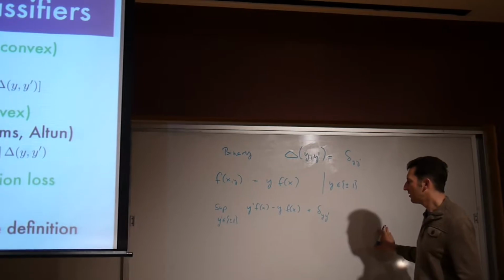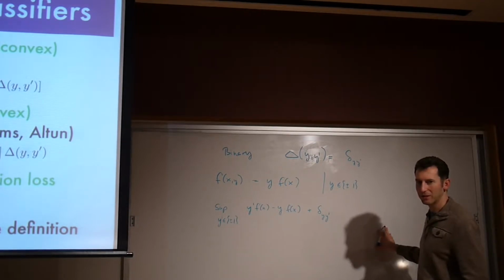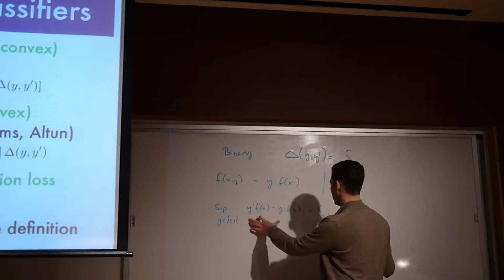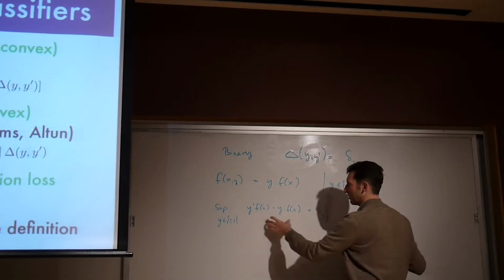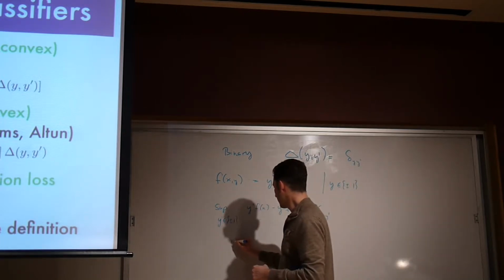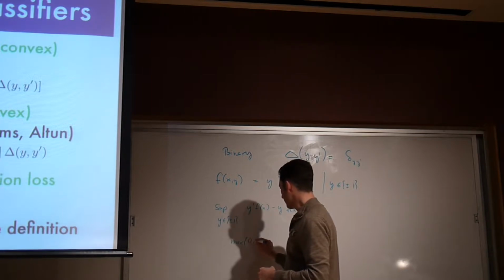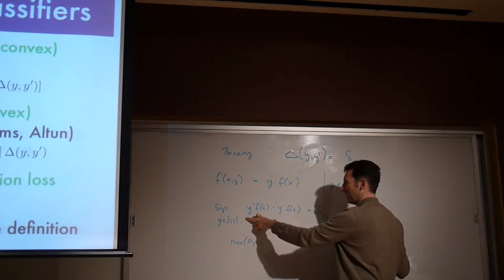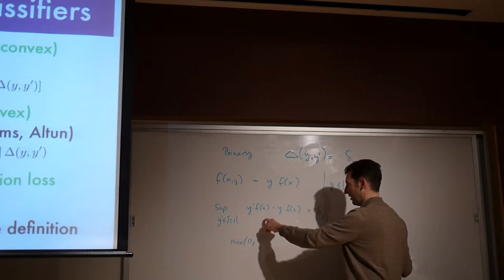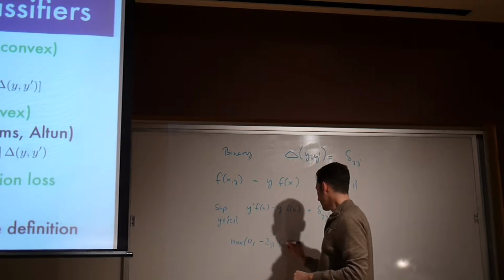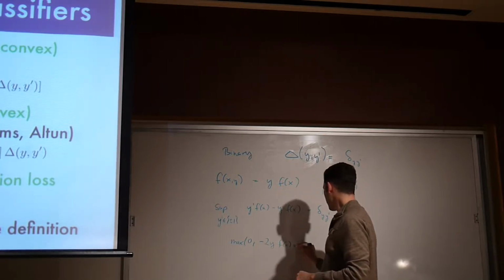Well, what's that? We basically only need to evaluate two different cases. In one case, y equals y prime. In that case, this is 0 and this is all 0. So we have the max of 0, and now if y is not equal to y prime, then y prime is minus y. So we have minus 2y times f of x plus 1.